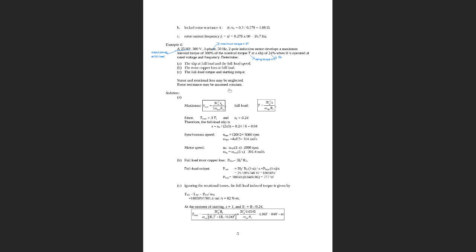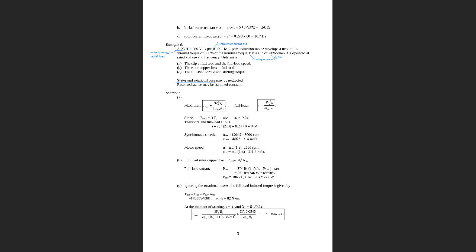The question also says that stator and rotation loss may be ignored. So actually we ignore the stator R1. What does it mean?